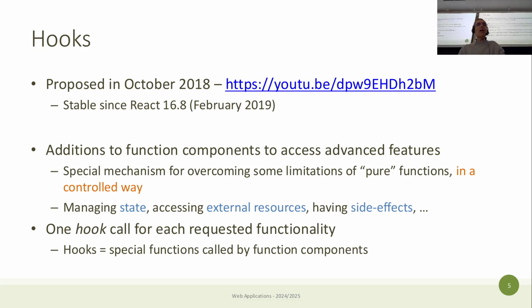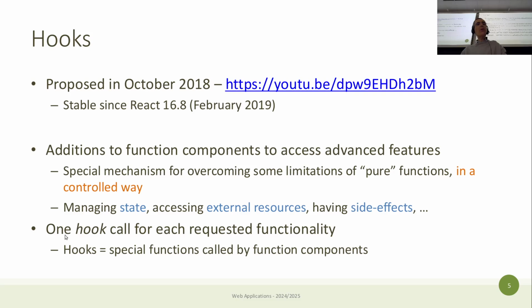Okay, and these hooks, there are different types of hooks, and we are going to see the first one, which is the hook that allows us to define a state, and this overcomes the limitation of the pure function, but in a controlled way. So these hooks, in short, are provided by the React library, and so they interact correctly with the React mechanism of rendering. You remember the virtual DOM that is then translated into the actual DOM, so it updates the content of the browser window and so on.